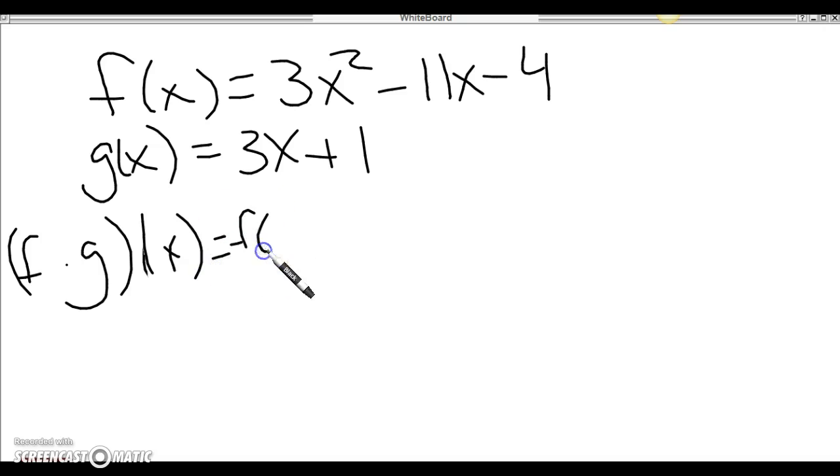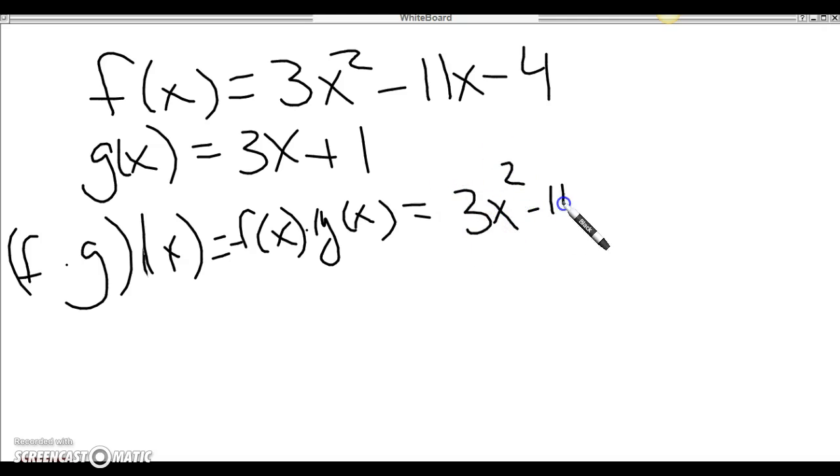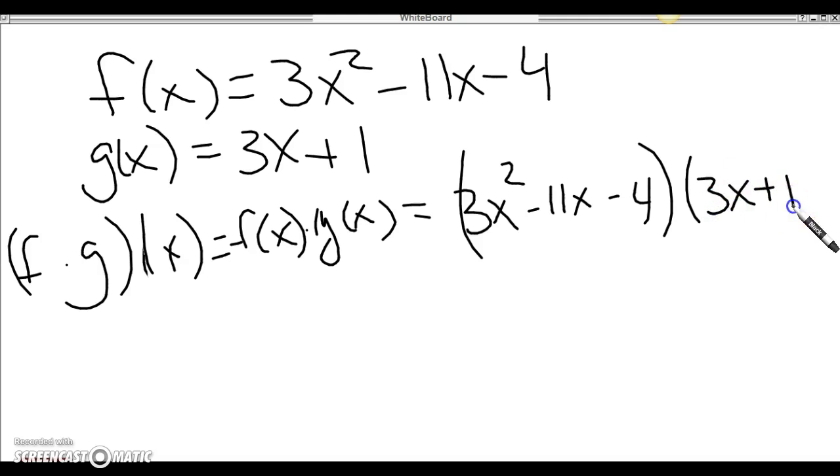which is just f of x times g of x. So I have 3x squared minus 11x minus 4 times 3x plus 1.